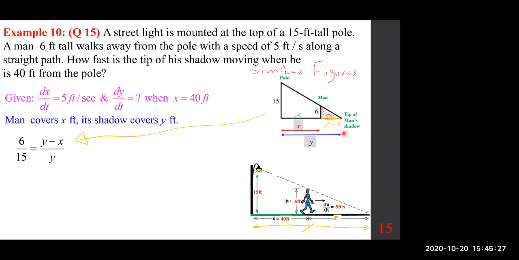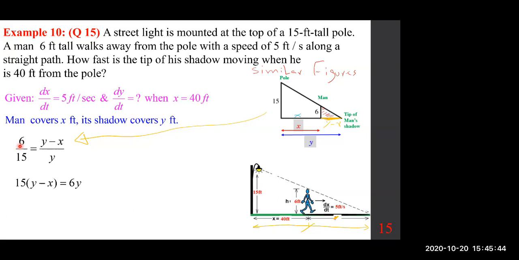Having said that, now it becomes a piece of cake. Cross product, and simplify. 15 times y minus x equals y times 6.